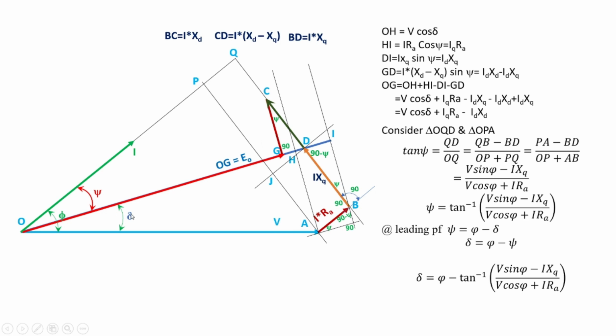Under leading power factor case, the relationship between different angles is phi is equal to psi plus delta. Therefore, delta is equal to phi minus psi. Therefore, delta is equal to phi minus tan inverse V sin phi minus I XSQ divided by V cos phi plus I into RA.